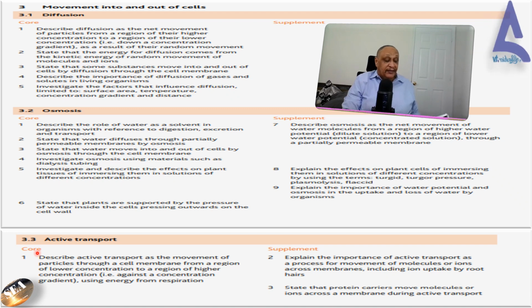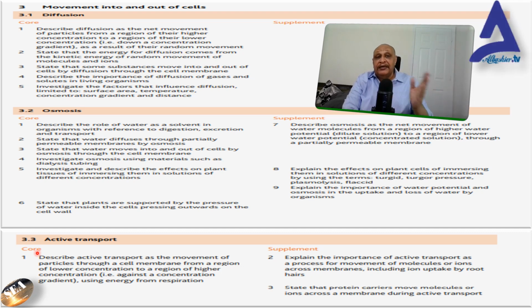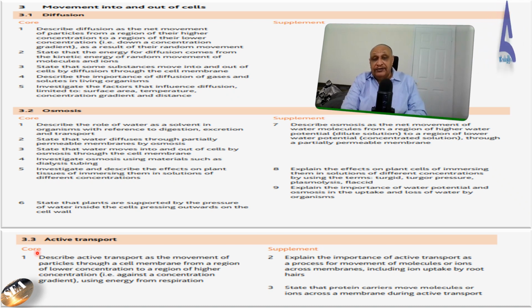The second subtopic is to state that protein carriers move molecules or ions across the membrane during active transport. So this is our curriculum for chapter 3, movement into and out of the cells, for both core students and supplement students.